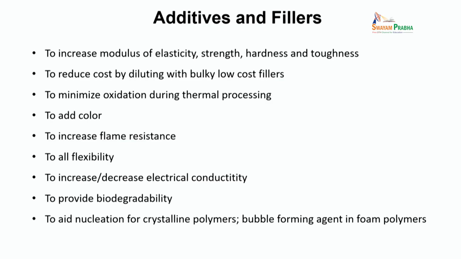And then there's a newer thing: adding something so that the polymer can degrade when littered after use. So to provide some sort of biodegradability, you add some compounds. And then if you want to control the making of a crystalline polymer, you can also add something that will act as a nucleating agent to enhance the rate of formation of nuclei, right? And sometimes we have polymers that are foamy.